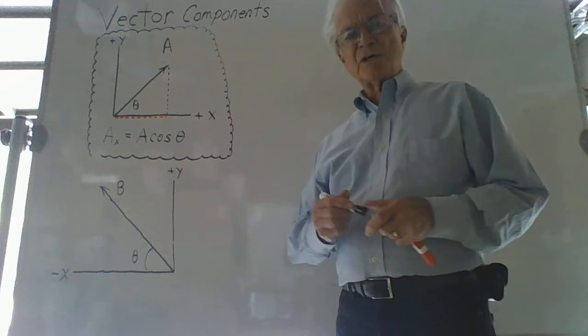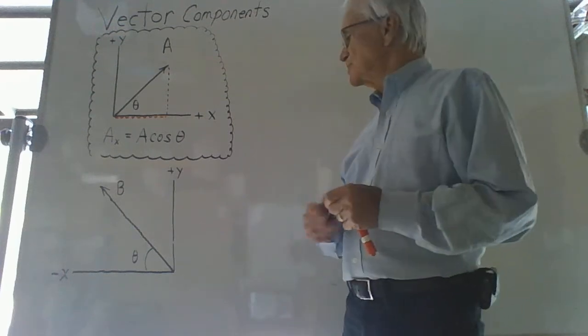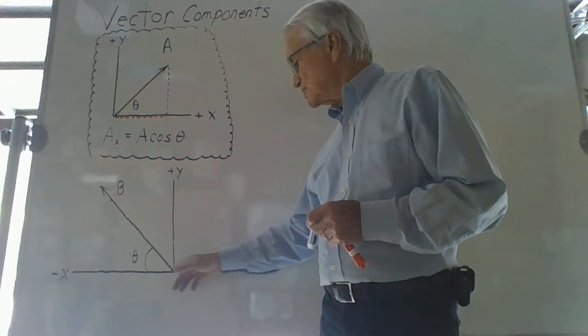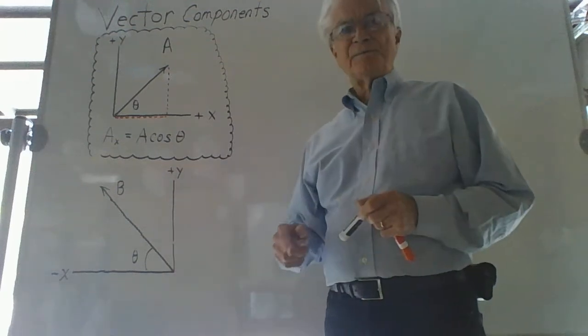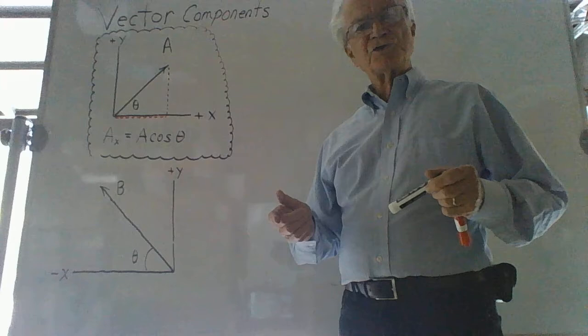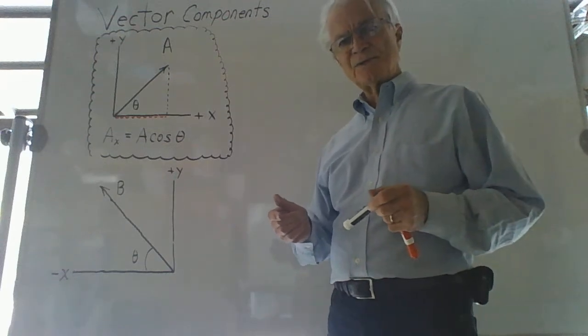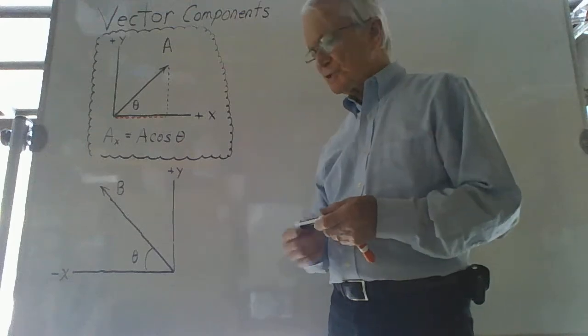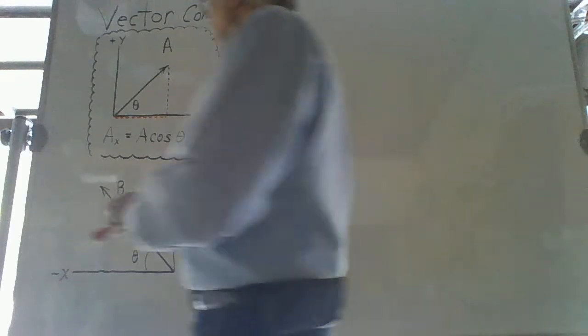After you visualize or place the vector in question, attach its tail to the origin, you then construct a right triangle whose hypotenuse is the vector itself, already in position. And so here we go.